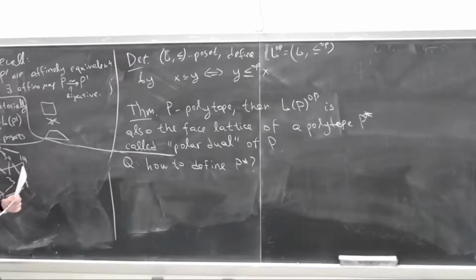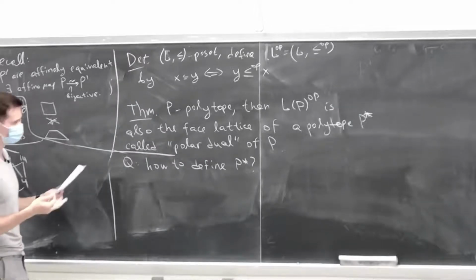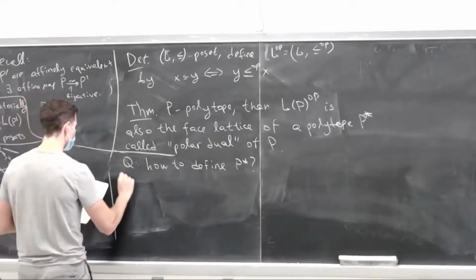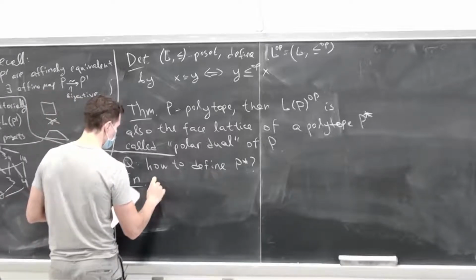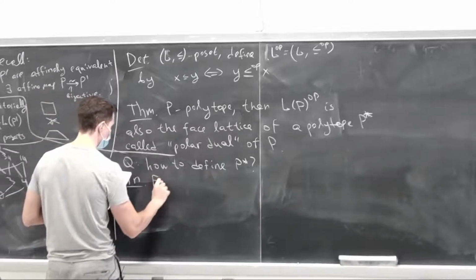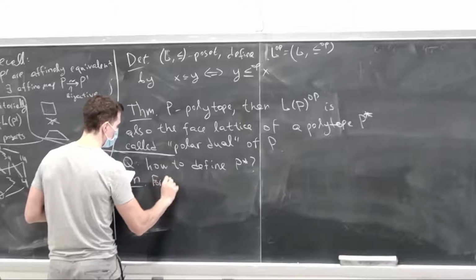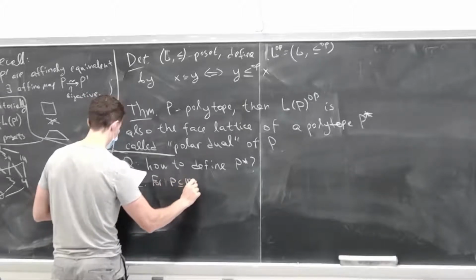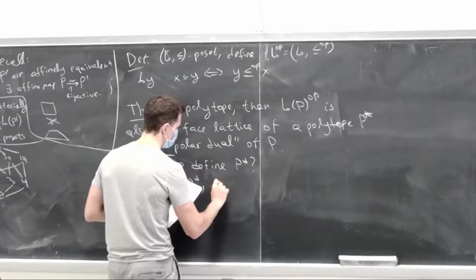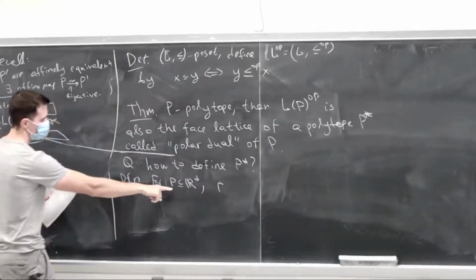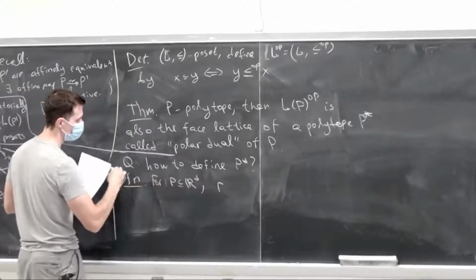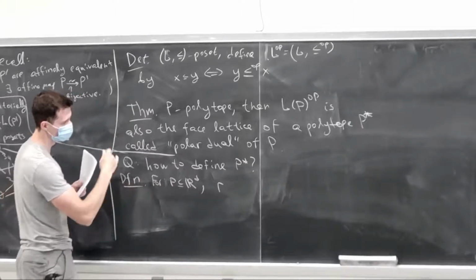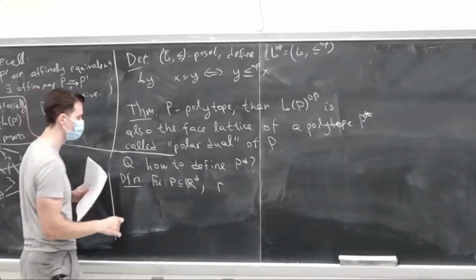To define it, I'm going to need to make a couple more definitions, which are also very useful. First of all, if you have any subset P of R^d, think of maybe the permutohedron, which lies in a hyperplane, or some lower dimensional linear subspace.